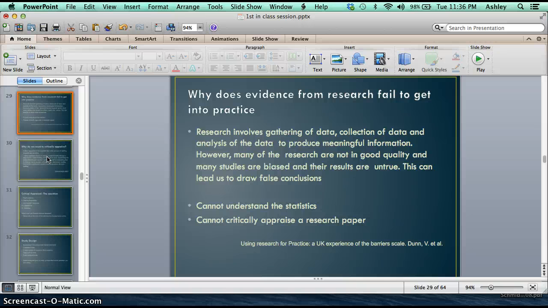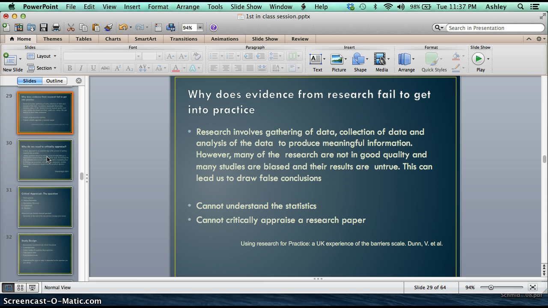The problem is that there's a lot of research out there that really isn't great quality. And the problem with that is that you have these studies that weren't designed well, have false information or misleading information, and this leads to drawing false conclusions.